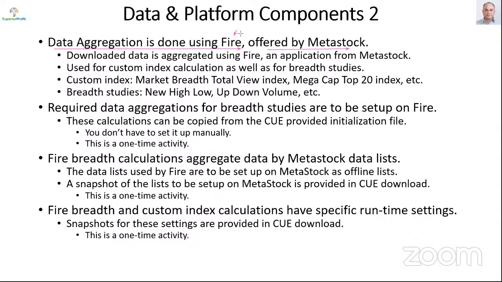It's a separate component, an add-on component. It works with Metastock, but we have to purchase it separately, one-time license fee. If you are using Q Global Market Breadth, you already have FIRE and Metastock both. The downloaded data is aggregated using FIRE, an application from Metastock.